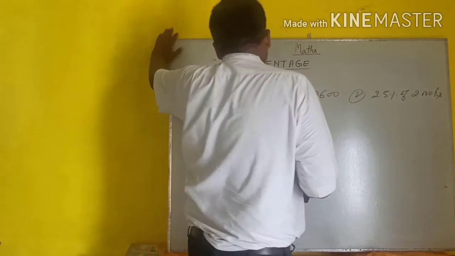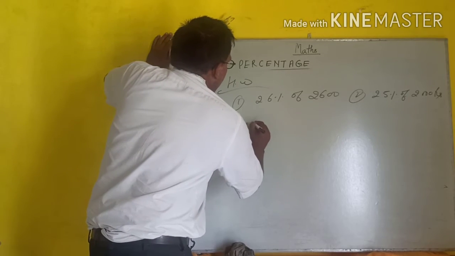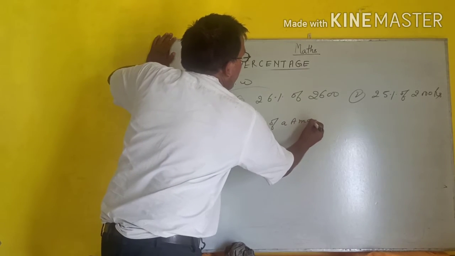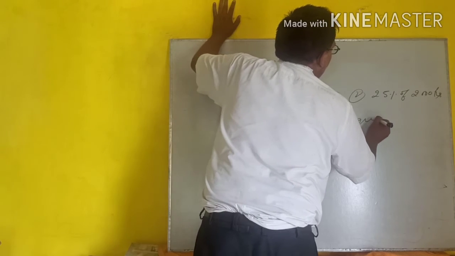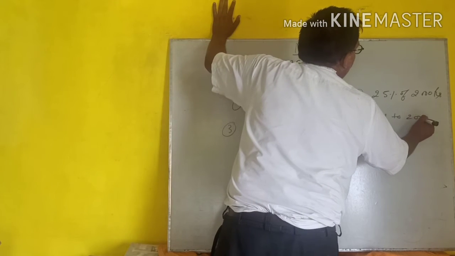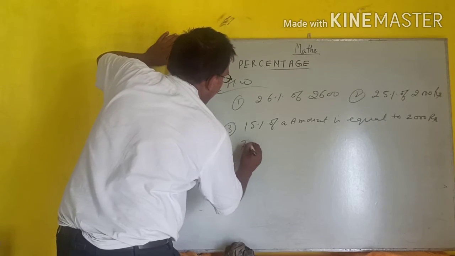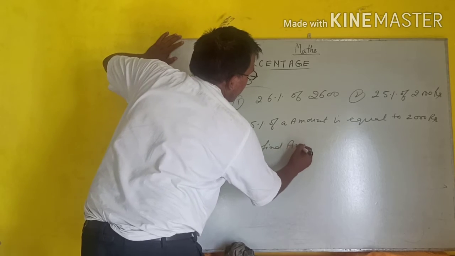Now third question: 15% of an amount is equal to 2000 rupees, then find the amount.